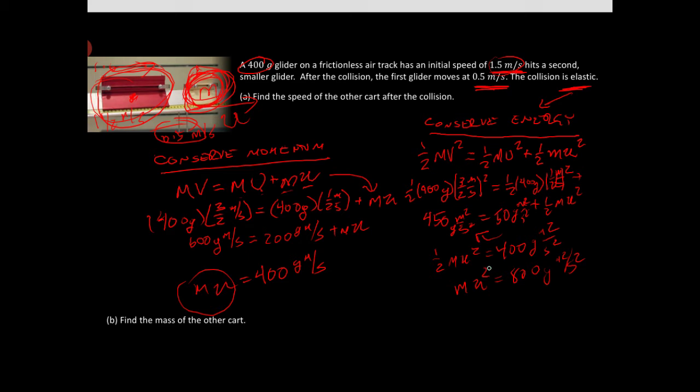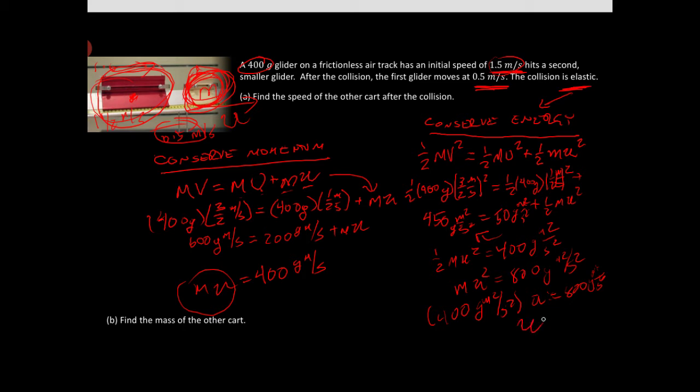But this is mu times u, right? So mu is 400 grams meters squared per second squared times u is equal to 800 grams meters squared per second squared. Oops.